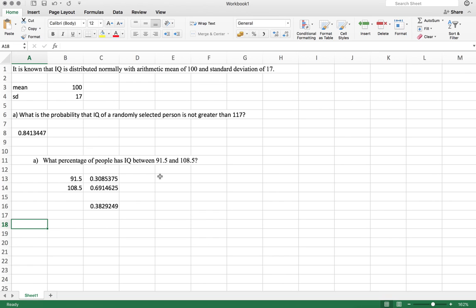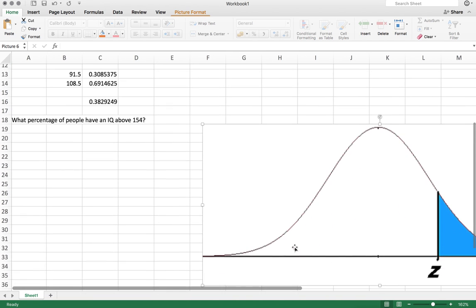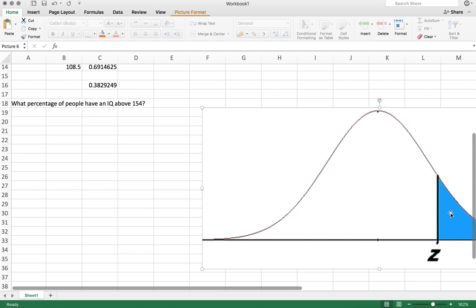Next, we will try to answer the following problem. What percentage of people have an IQ above 154? Now our problem will actually be on the right-hand side here.